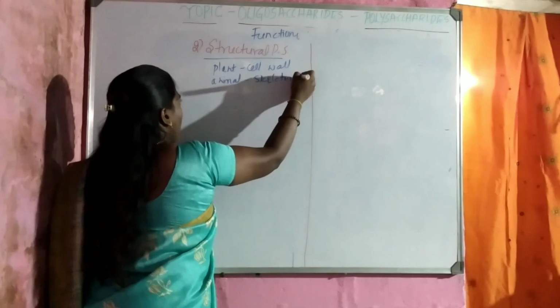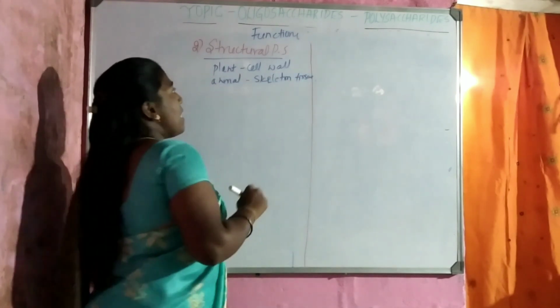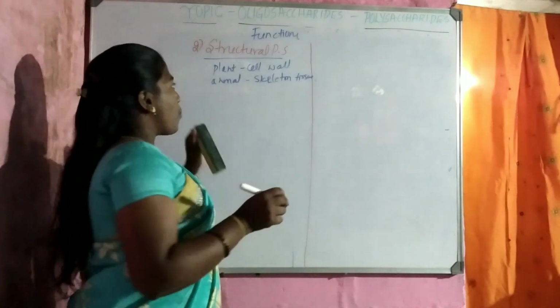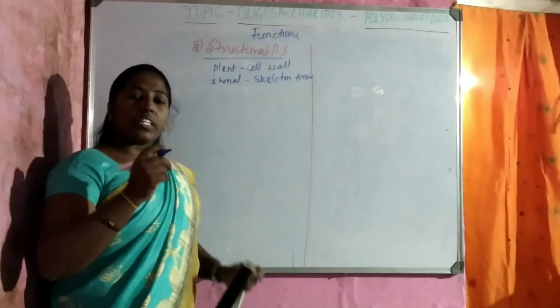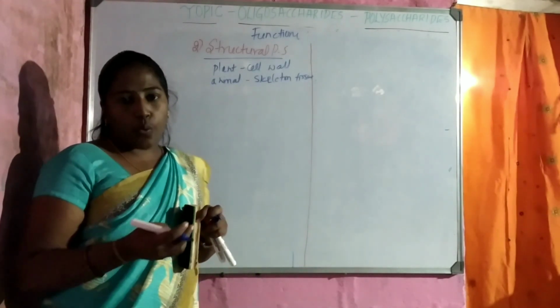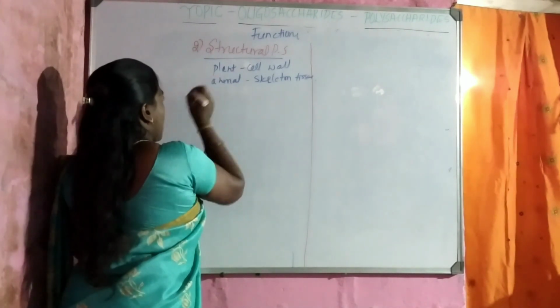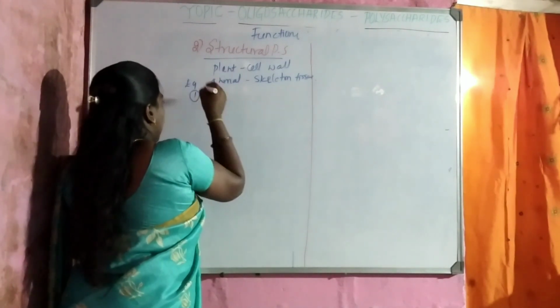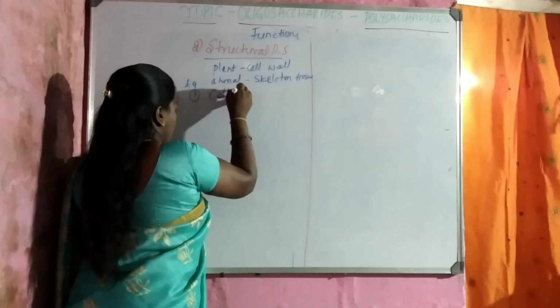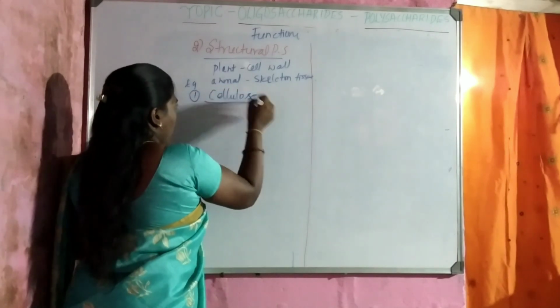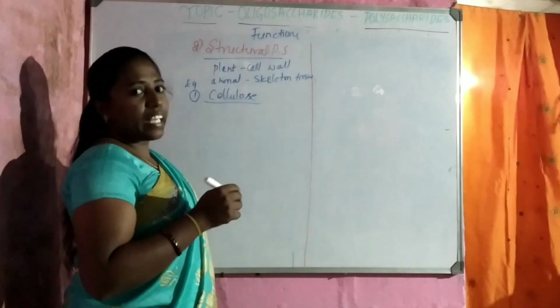That is the function of structural polysaccharide. The most important structural polysaccharides we consider are cellulose and chitin. The first example I'll take up is cellulose. The next one is chitin.